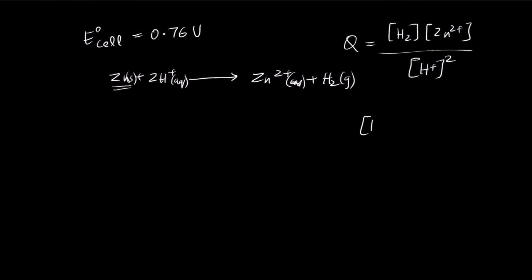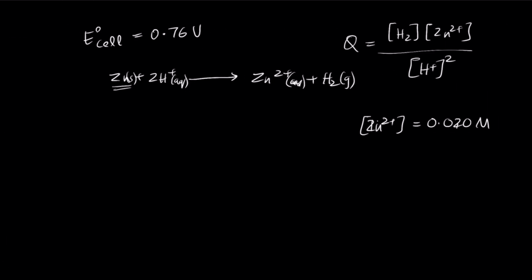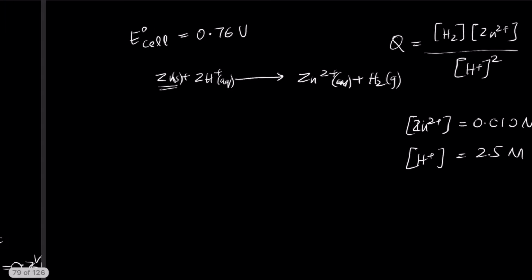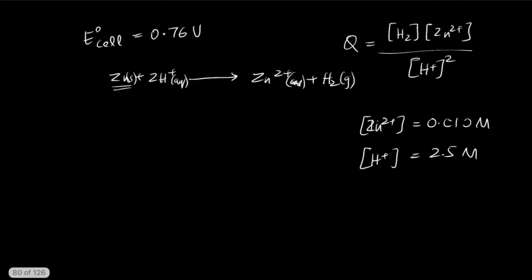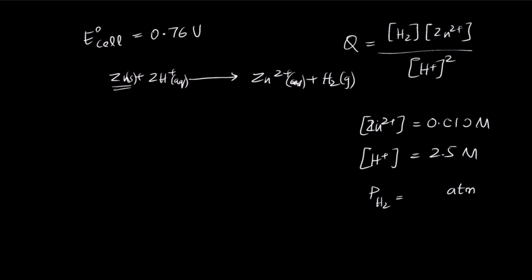So the concentration of Zn2+ is 0.010 M, and the concentration of H+ is 2.5 M. But they have given us the pressure of hydrogen, which is 0.30 atmosphere, but we do not know the concentration of H2.